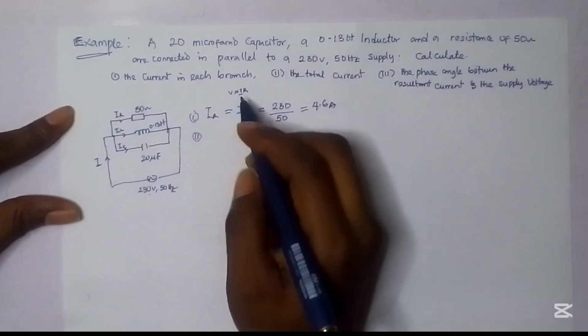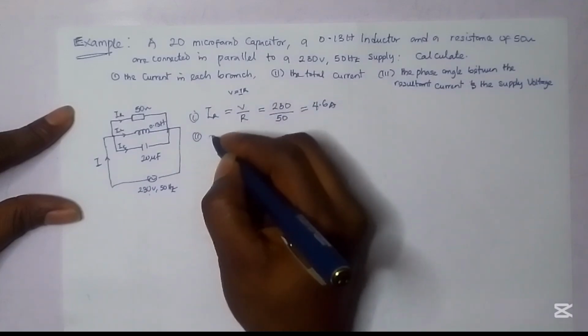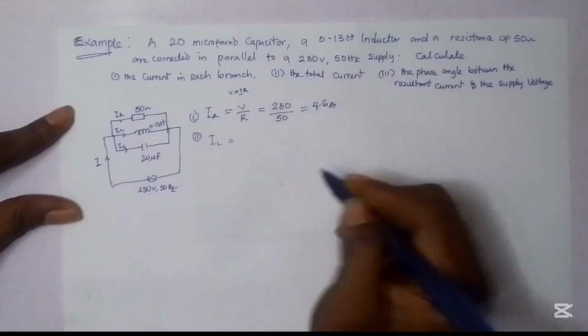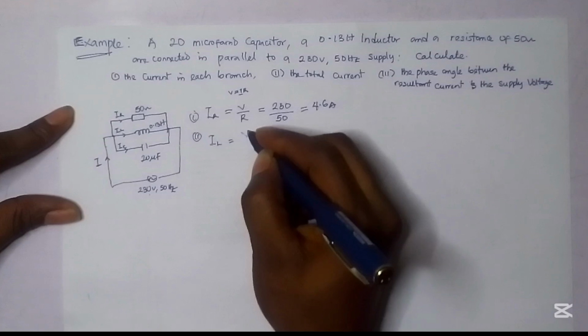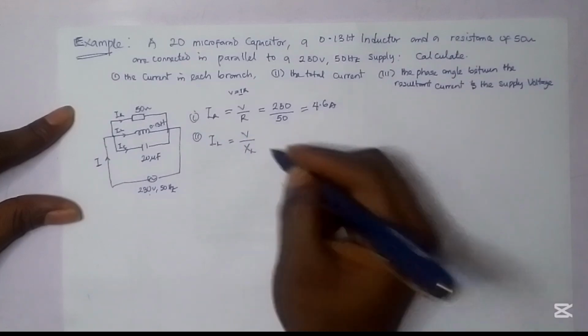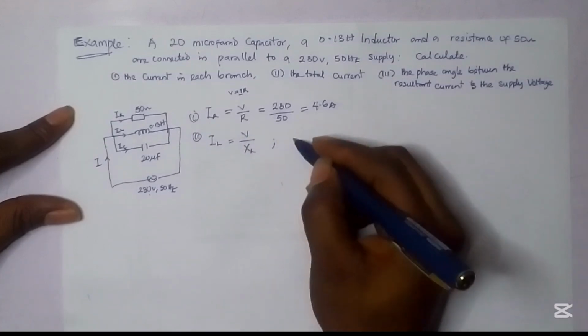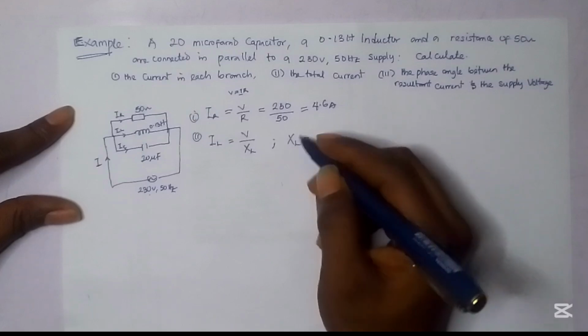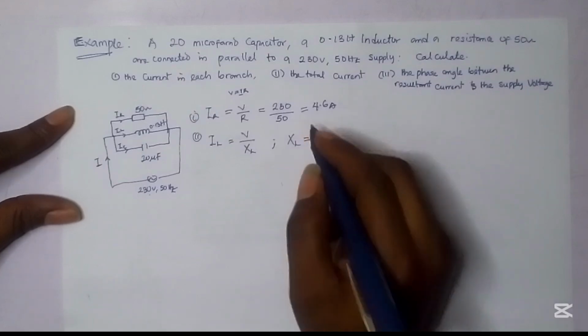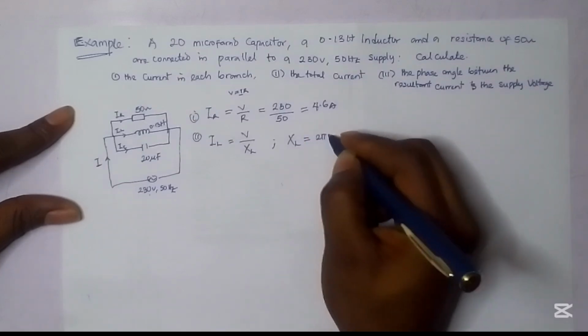So now we can go for the current across the inductor, which is IL. This can also be gotten by dividing voltage by the inductive reactance. So first off, we're going to get the value for our reactance, and this can be gotten from 2 pi FL.